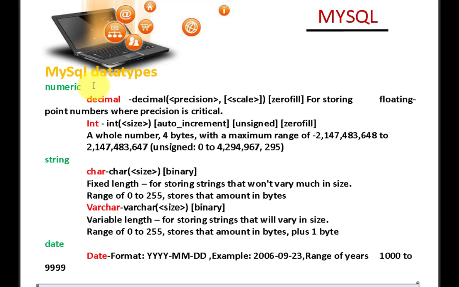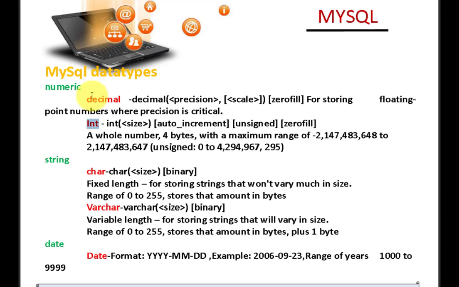If you have records in numeric form, the data may be decimal or integer. That is the type of data you have in your records that you want to store in your computer.